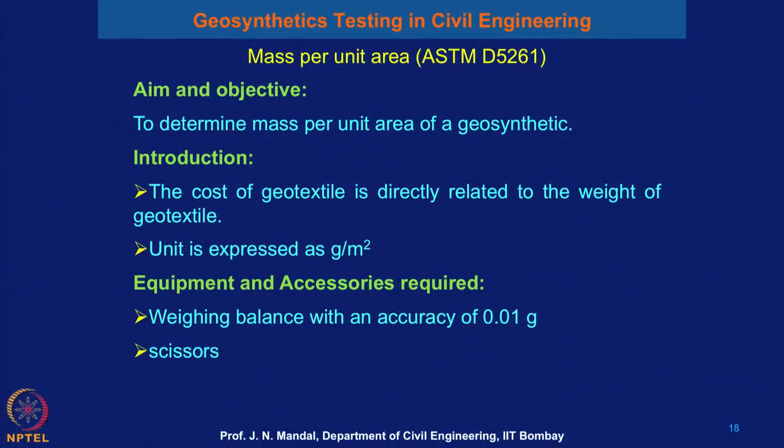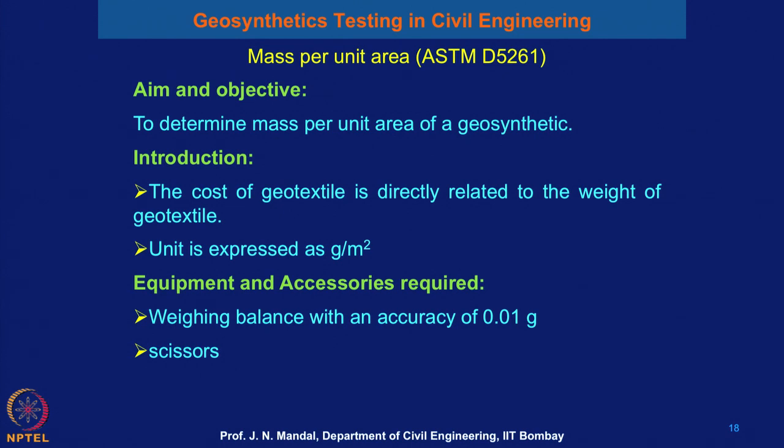Now we begin with mass per unit area as per ASTM D5261. What is our aim and objective for this test? To determine the mass per unit area of geosynthetic material, because mass per unit area varies. It may be 100 gram per meter square, 200, 300, 400, 500, 600 gram per meter square.